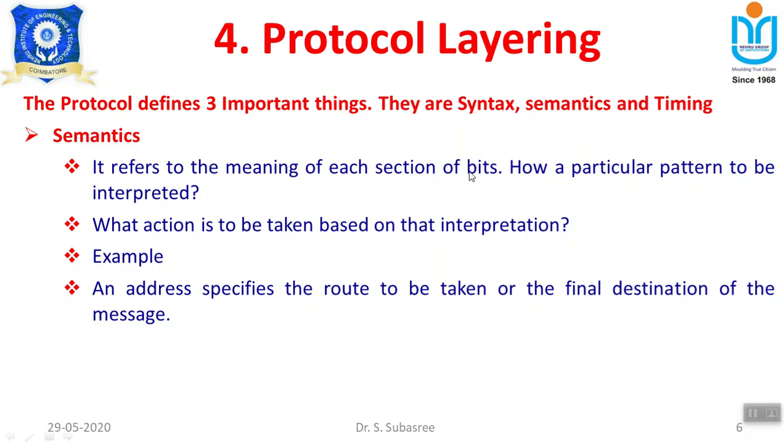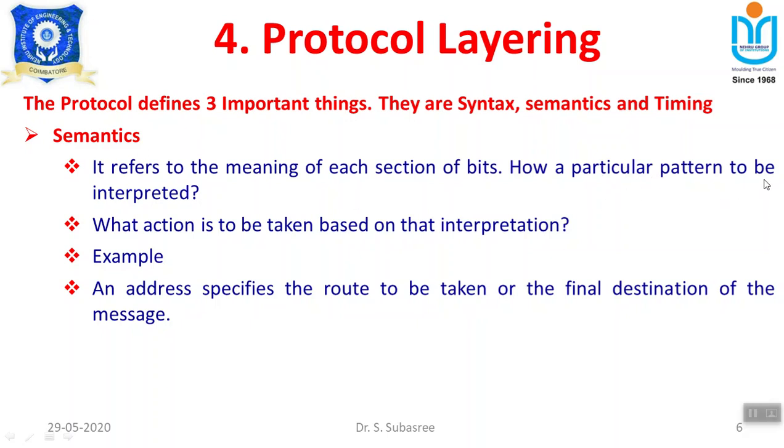We know very well it should be in bits, but for example, one machine is receiving this information, sender, receiver and as well as message. How will the particular pattern be identified by that machine, that this is the sender address, this is the receiver address, and this is the actual message? So it has to be interpreted. That is the meaning of semantics.